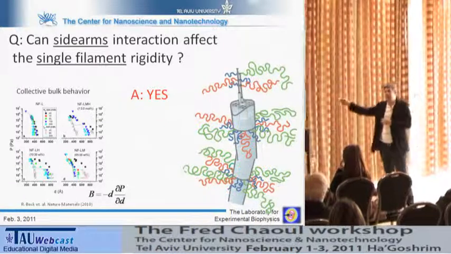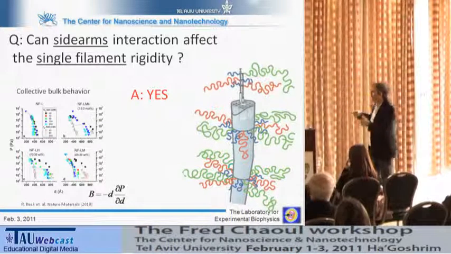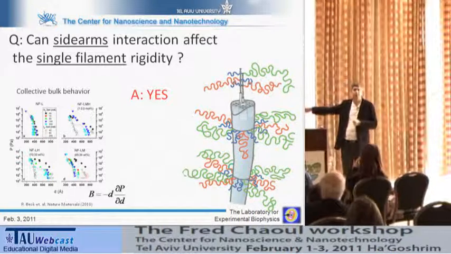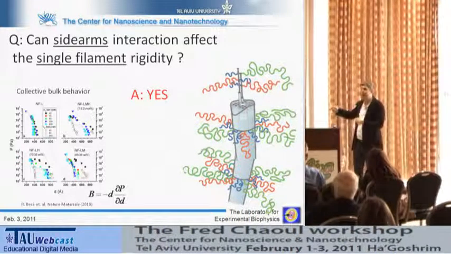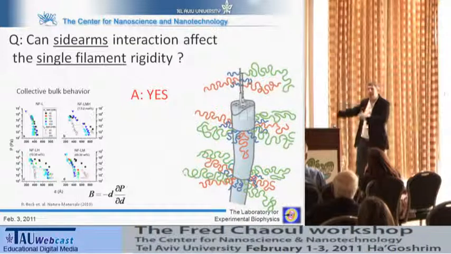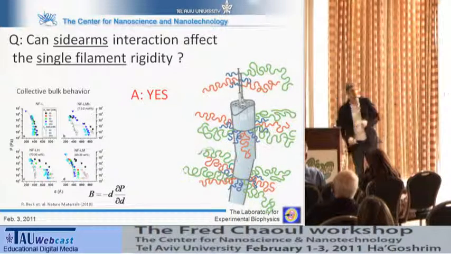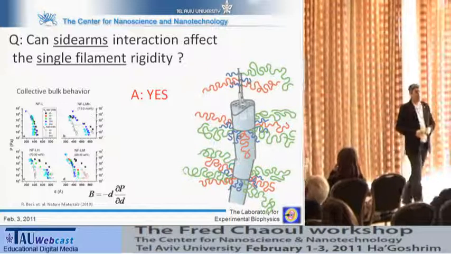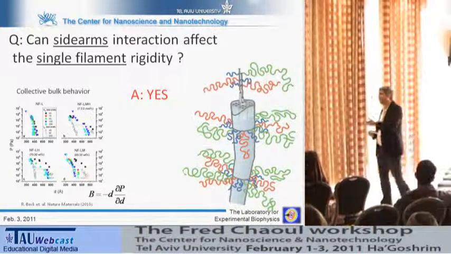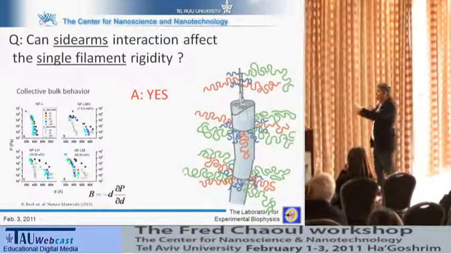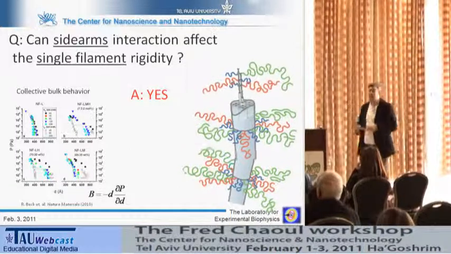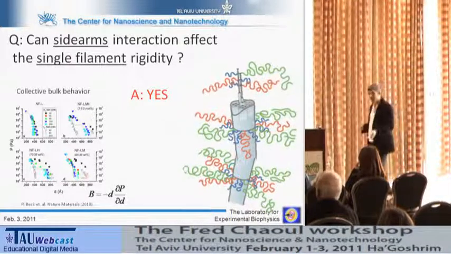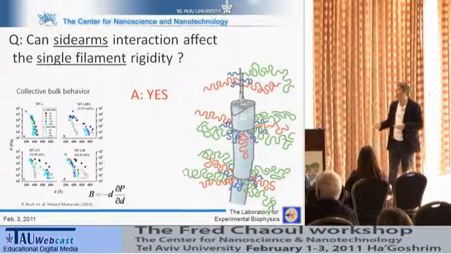We learned in this collective bulk behavior about the interaction between one filament and its neighbor. But what about the interaction between the same filament and itself? Can it bend into the nearest plane of tails? And can this be a competing force in the reorganization in the gel? And the answer for that is yes. And I'm going to prove to you that it actually matters.